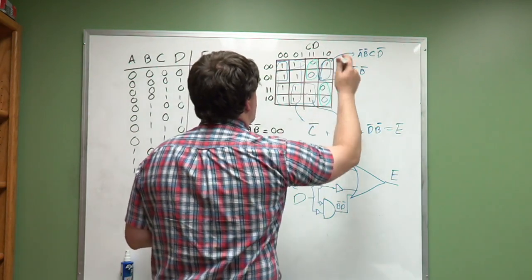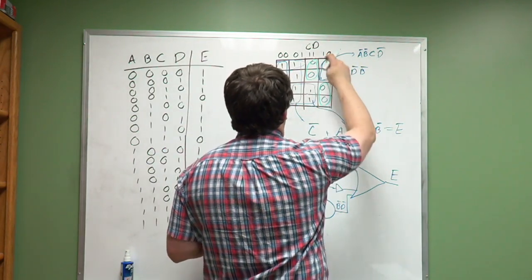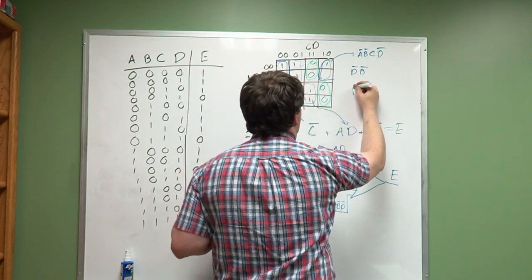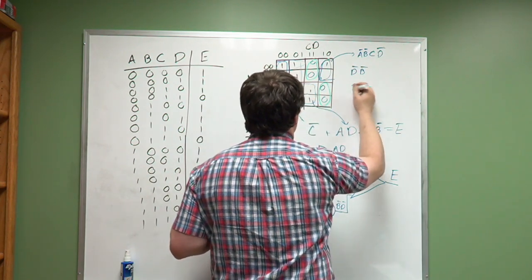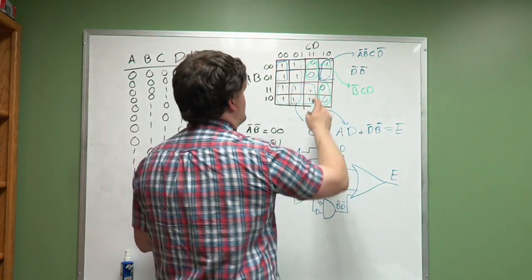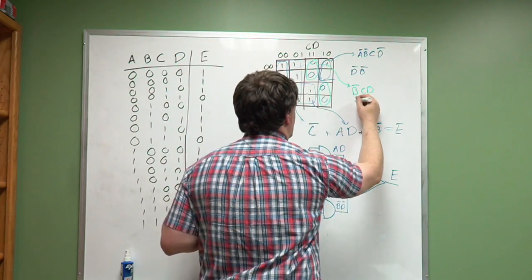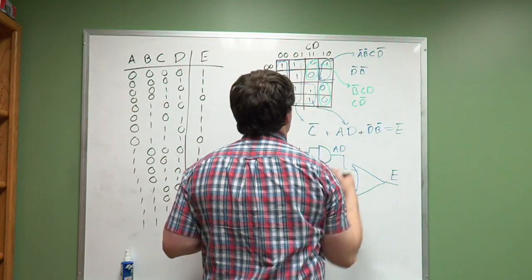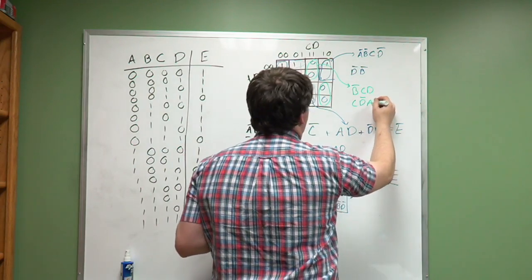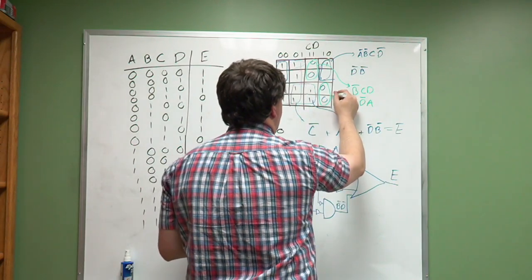These two zeros represent C and D on, D off, D off. This one, these two zeros represent D on, D off, A.